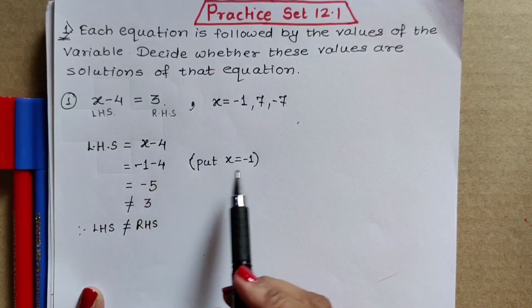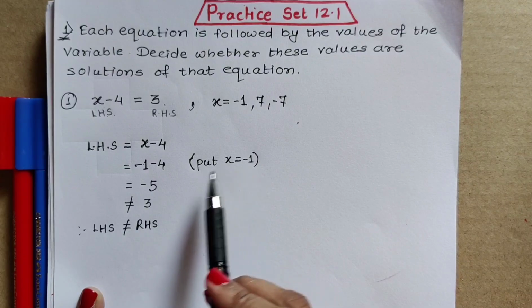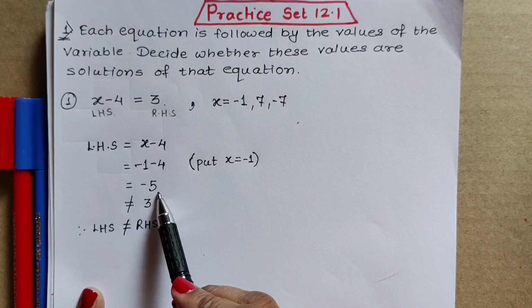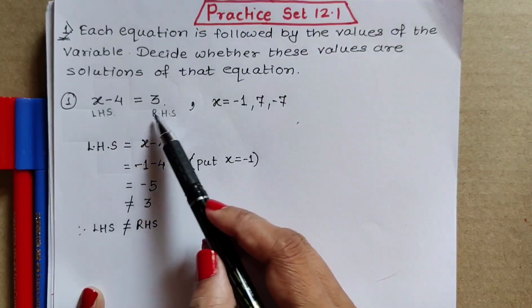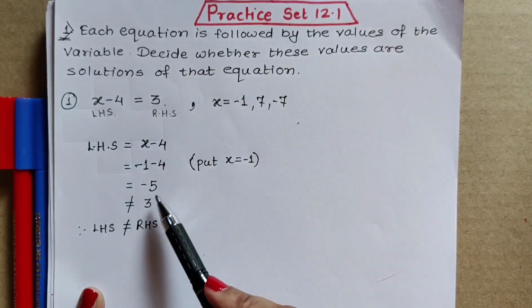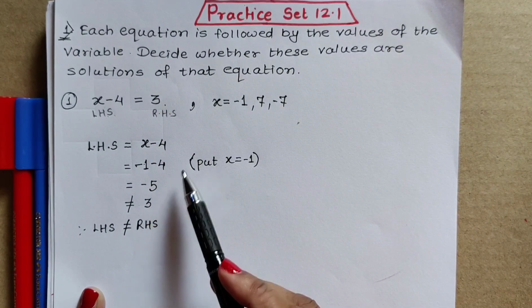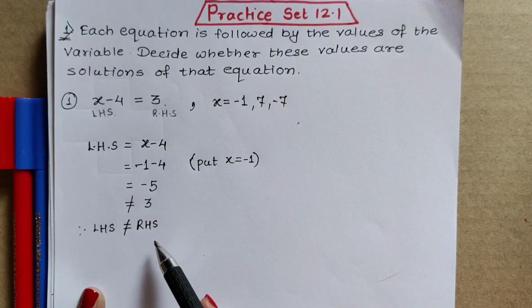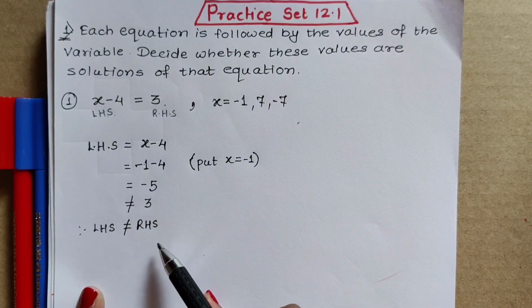So as we have put x is equal to minus 1, we got the answer minus 5. But what is the answer given to us? The answer given to us is 3. So minus 5 is not equal to 3 means our left hand side is not coming equal to right hand side.